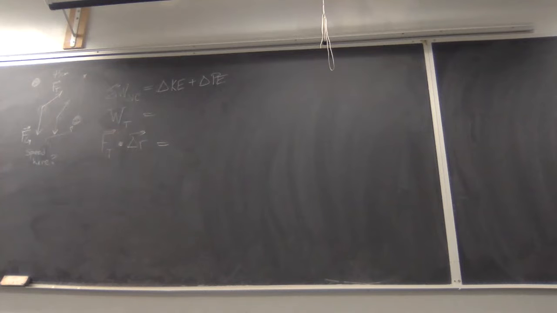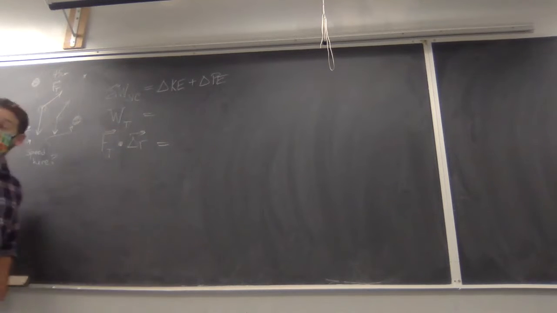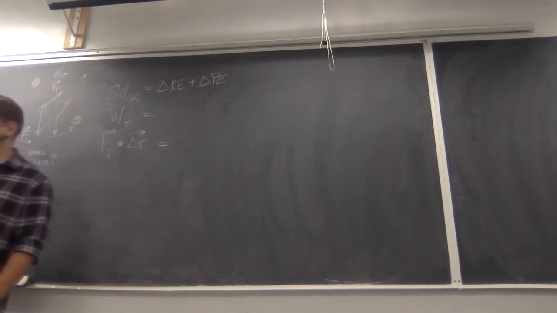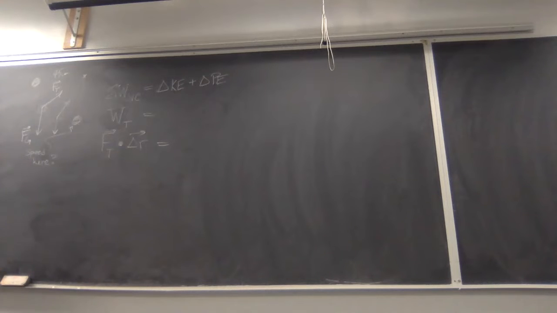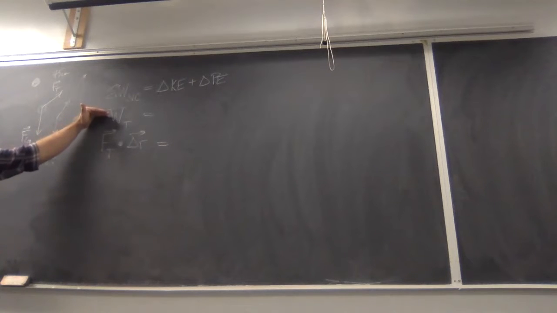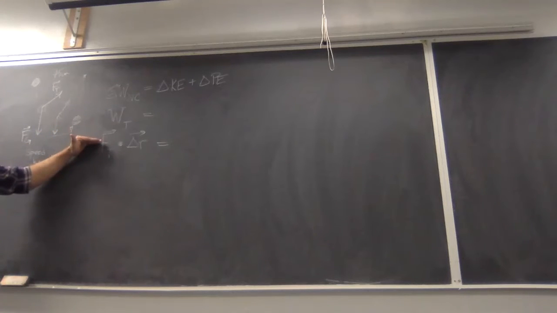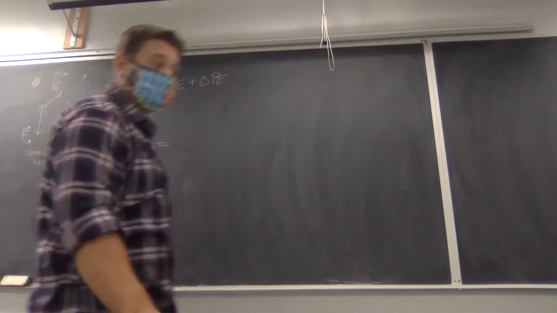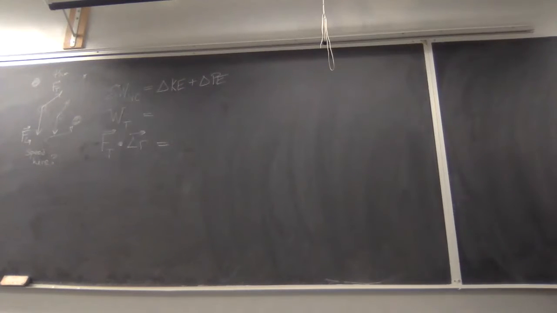We are going to need the angle between the force of tension and the displacement, and that's the key to the whole thing. The only non-conservative force to worry about is tension, so that's the only one I'm going to worry about.